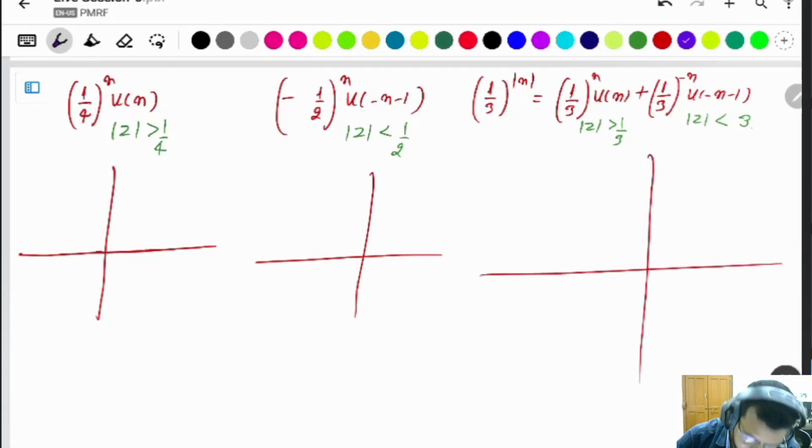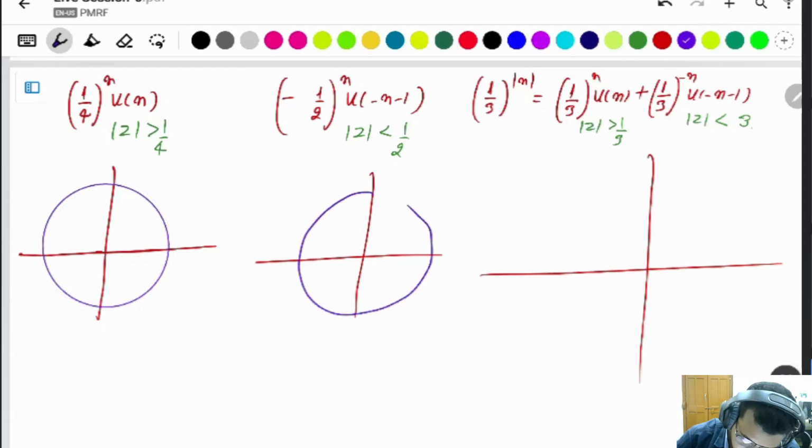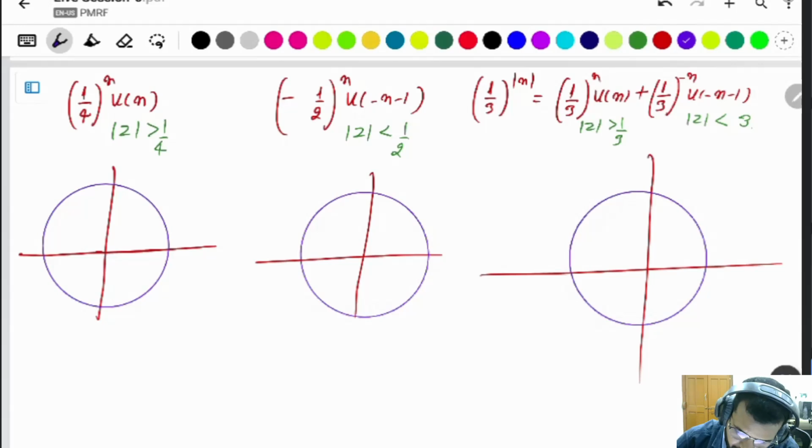In this case, the unit circle, a circle of unit radius, 1 is there.